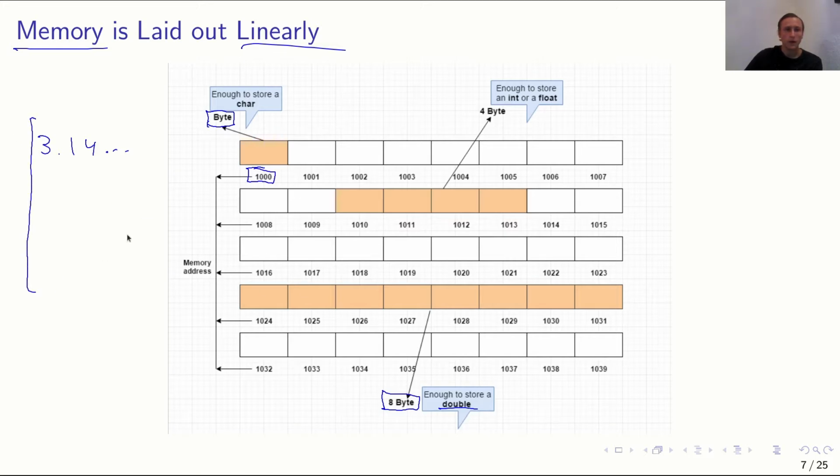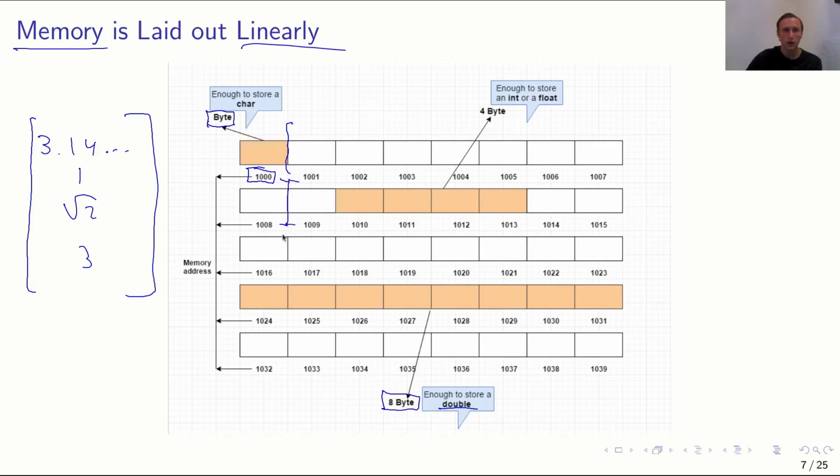Now say that instead we want to store an array of numbers like pi, 1, square root of 2, and 3. Then this is going to require 4 of these blocks. So for example, we can start over here with index 1001, ending with 1008 to store the value of pi.